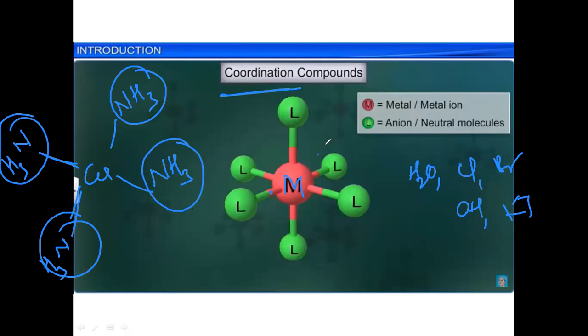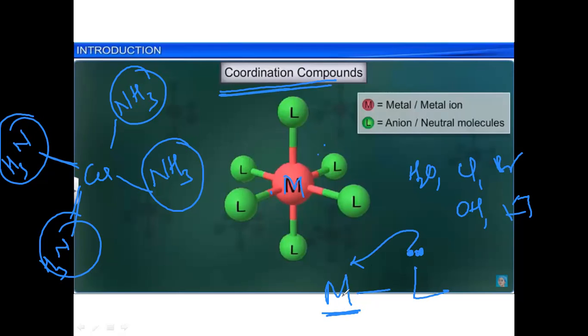They are donating their lone pair of electrons to this central metal ion. So coordination compounds are nothing but the compounds which are having dative bonds or coordinate covalent bonds. Generally a metal is coordinated with a ligand, and this ligand has a lone pair of electrons which can be donated to this metal due to the vacancy in the metal d orbitals.